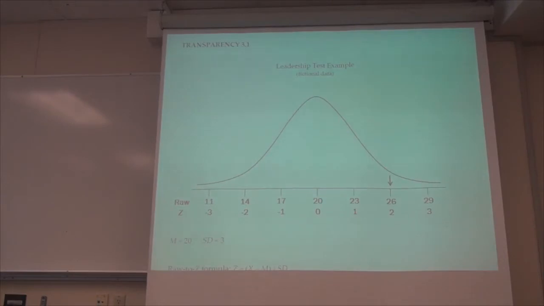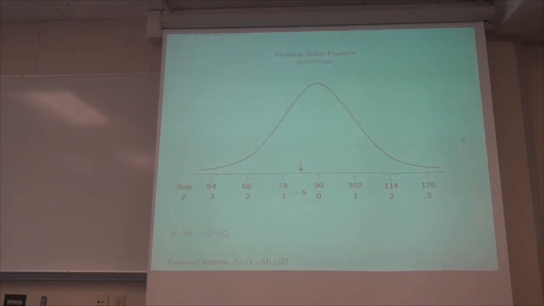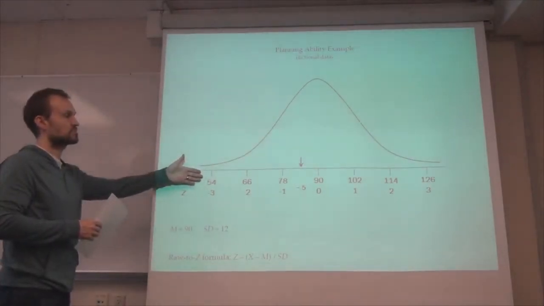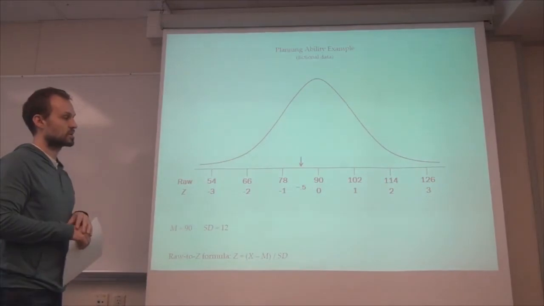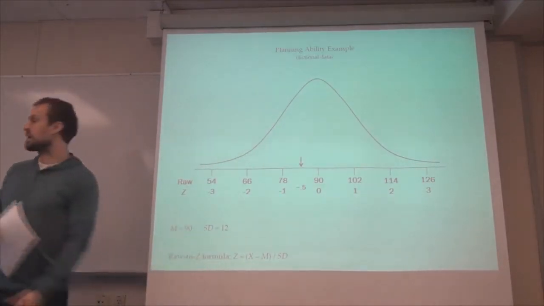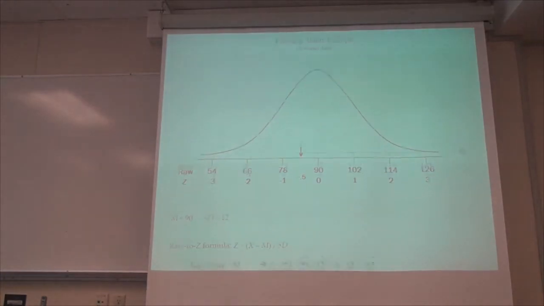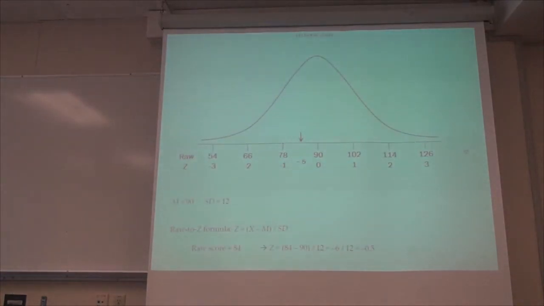So if I look at this, how do I calculate the z-score? I take the raw score, the original values, and convert them to their corresponding z-score by way of this formula. I don't want to reveal too much, so it's a little low.